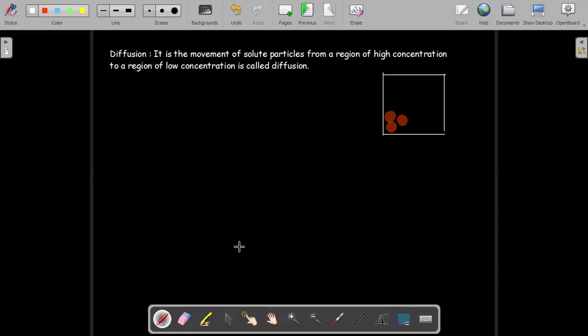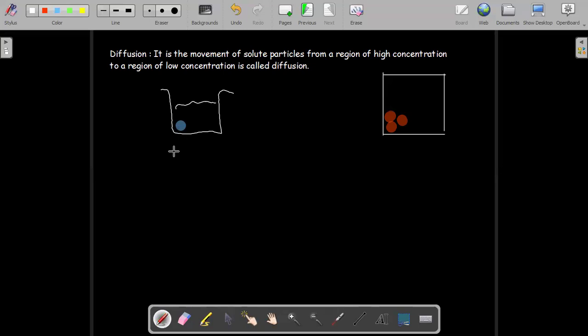So diffusion is just like if you light an agarbatti or incense stick in your room, you'll be able to smell it everywhere. Suppose you keep a beaker, and you put a drop of ink at one place and fill the beaker with water.